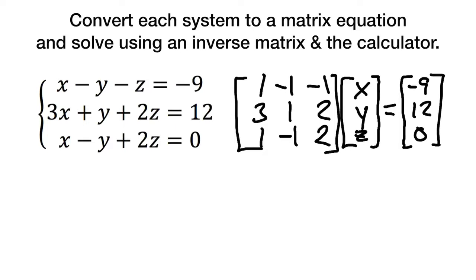So the way that we end up having to do this is we will have to find the inverse of this 3 by 3 matrix and multiply it by this. And for that, we have to go to the calculator.